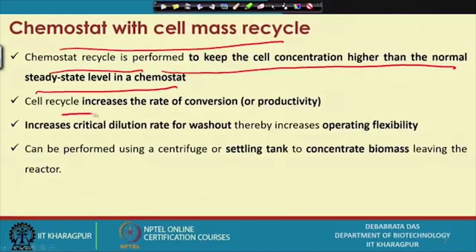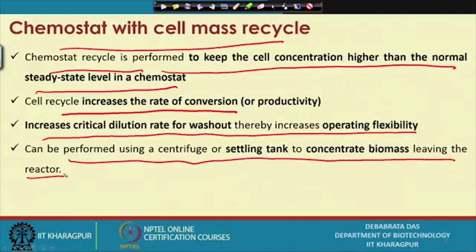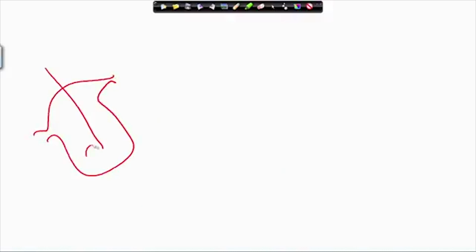Cell recycling increases the rate of conversion and increases the critical dilution rate for washout, thereby increasing operating flexibility, and it can be performed using a centrifuge or settling tank to concentrate the biomass leaving the reactor.